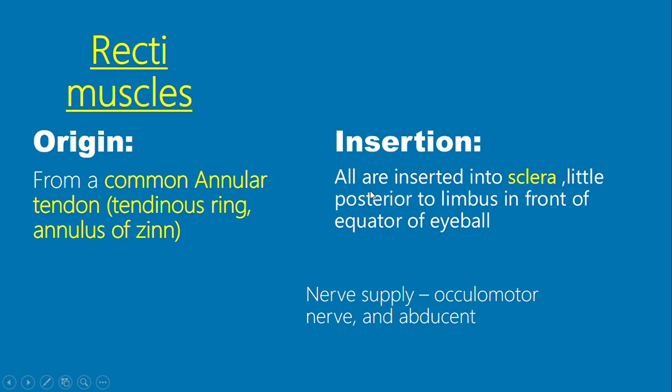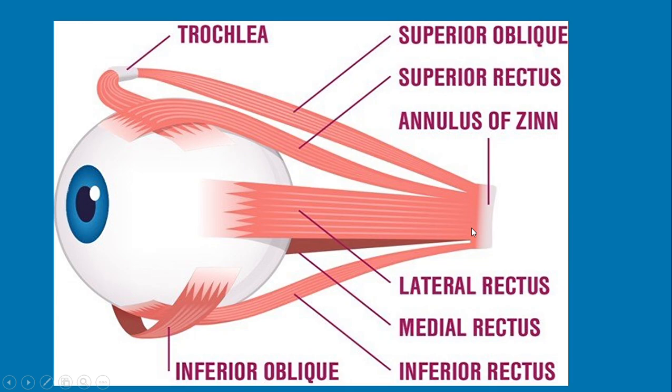All the recti muscles are supplied by the oculomotor nerve except the lateral rectus, which is supplied by the abducens nerve. This is the common tendinous ring. From it, the superior rectus, lateral rectus and inferior rectus originate and insert behind the limbus.